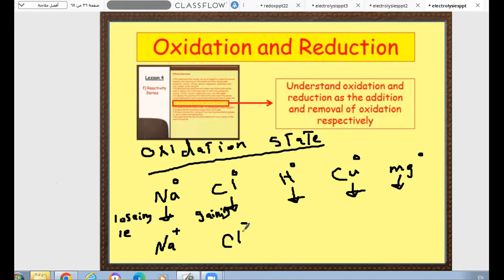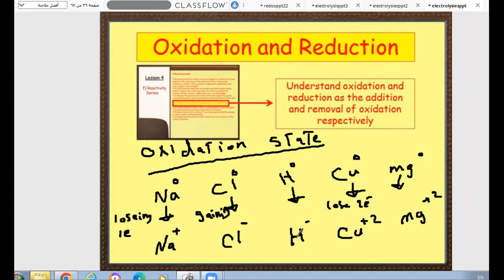It will carry a negative 1 charge. Hydrogen, even though it's a nonmetal, will gain an electron and change into a negative 1 charge. Copper will lose 2 electrons and change into Cu positive 2. It will carry a positive 2 charge. Also the magnesium, as it is.